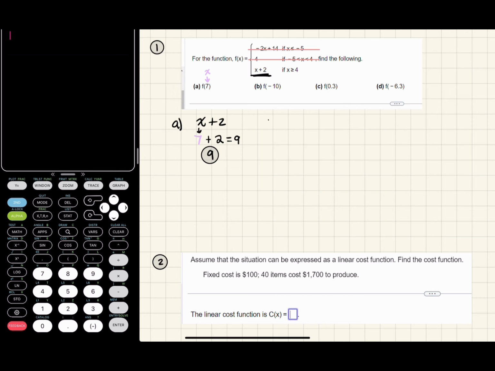Let's look at B. For B, we're asked to find f of negative 10. So we just need to find which rule negative 10 falls under. Is negative 10 less than or equal to negative 5? Yes, it is. Negative 10 follows this rule, so we're going to use this particular function.